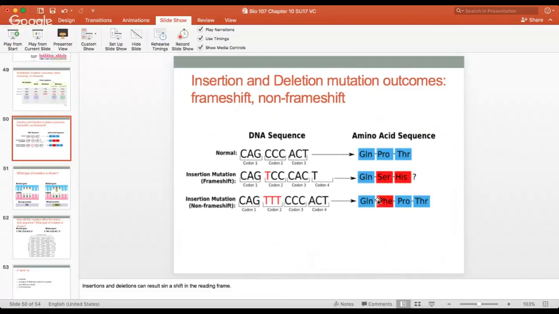But our overall GLN, PRO, THR is still there. It's just got another amino acid in there. So non-frameshift is when our codons are still preserved. There's just been one or two codons inserted or removed from that original sequence. A frameshift is we're putting in one or two letters and it's bumping everything over.